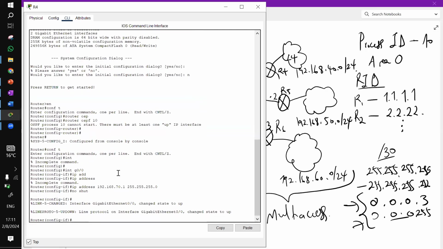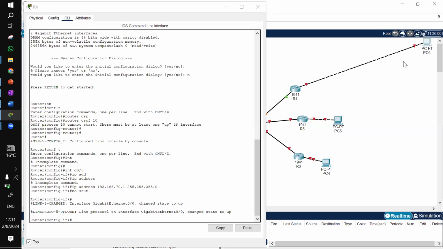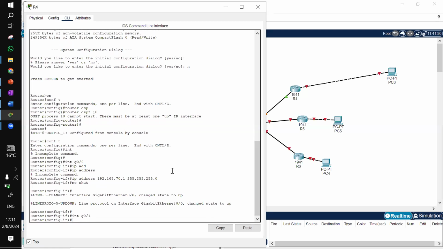That's our first link. The second one, let me check. All right, the second one. This one. So this link is 0/1. Right, gig 0/1, IP address.